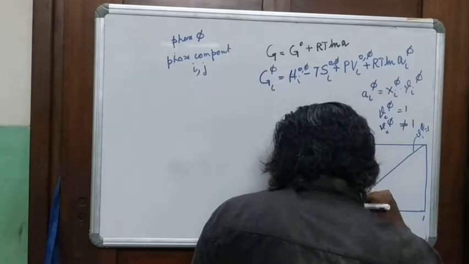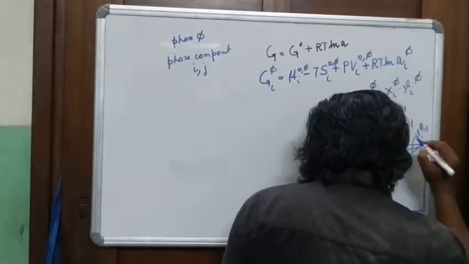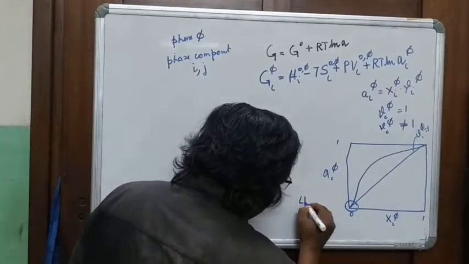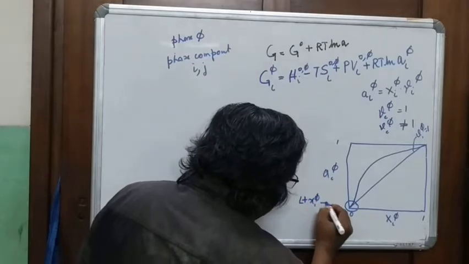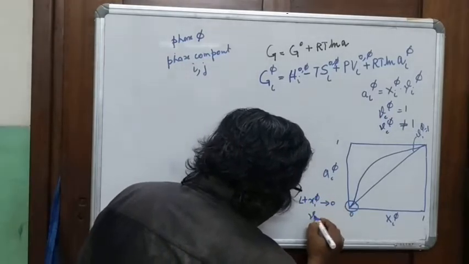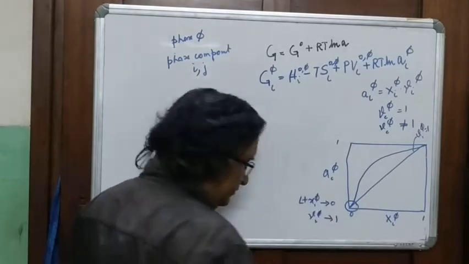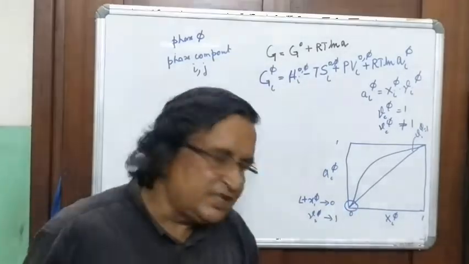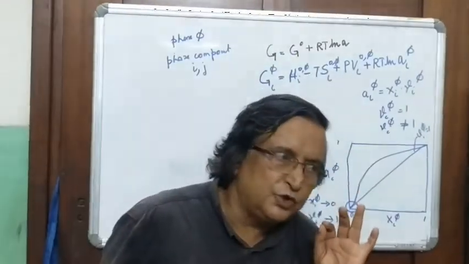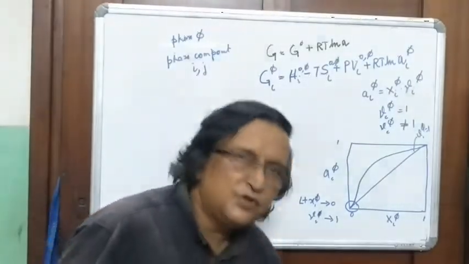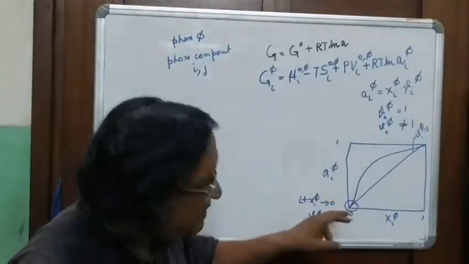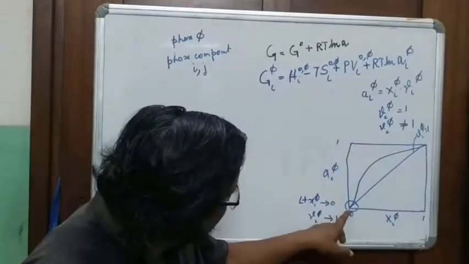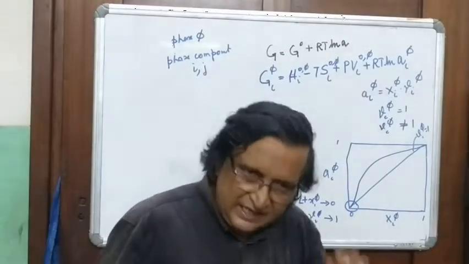Or it could be a non-ideal solution, but here where the limit of x_i phi tends to 0, gamma I phi tends to 1. I told you this before. This is what is called extreme dilution. That means the mole fraction is almost 0, so even though a solution may behave non-ideally, it could end up where gamma I is equal to 1 in a limiting case.